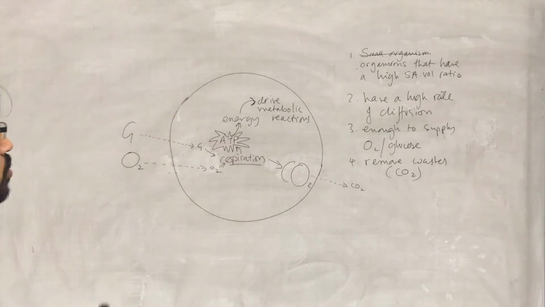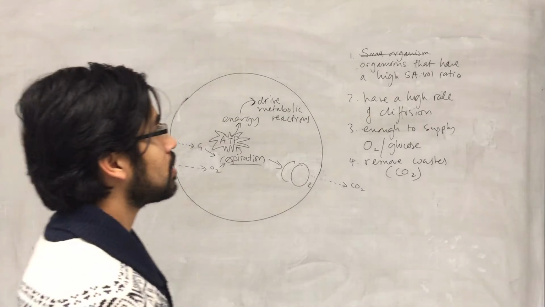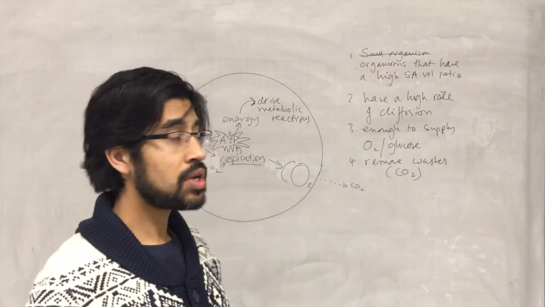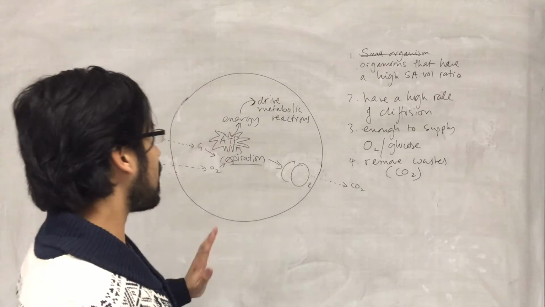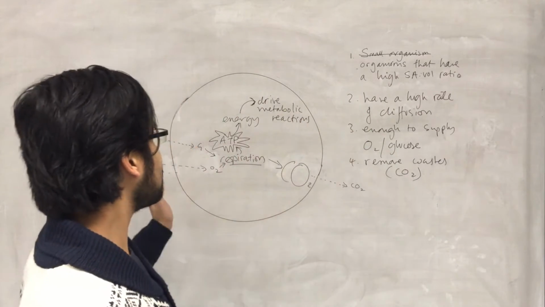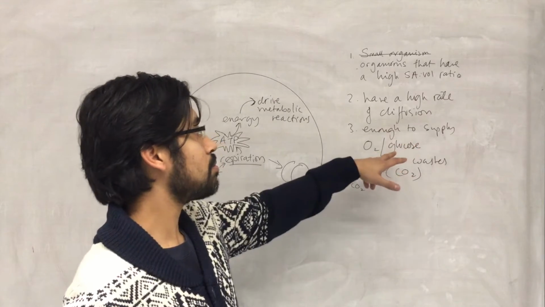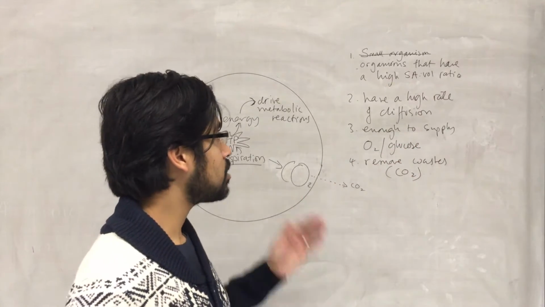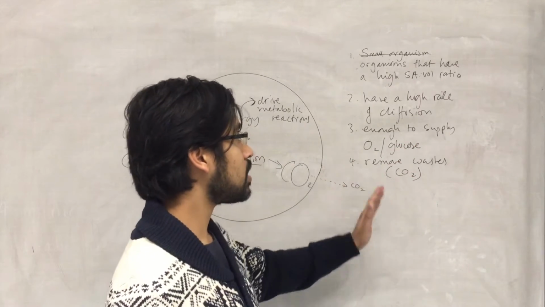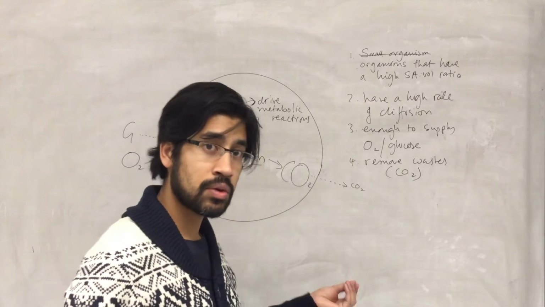So when the situation is a single cell, it has a high surface area to volume ratio, and because of that, the rate of diffusion is high enough to effectively supply oxygen and glucose, and to efficiently remove wastes such as carbon dioxide.